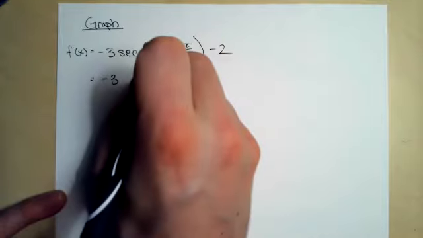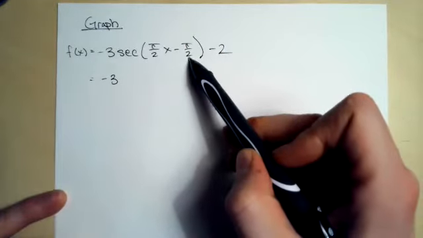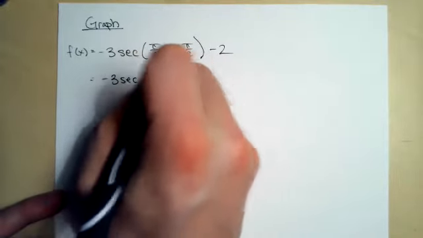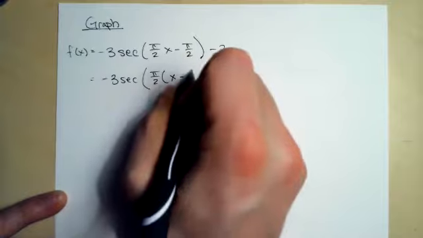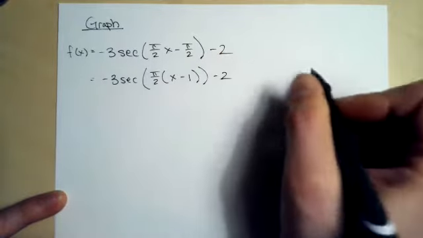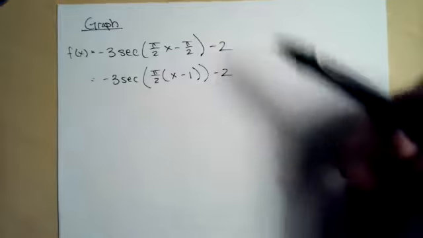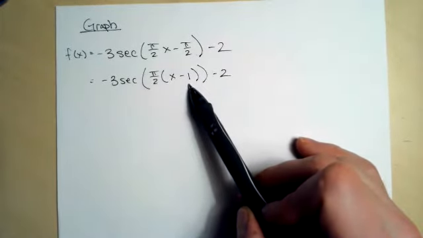whenever you have a horizontal scaling factor and a phase shift, make sure you factor that out. Because in this form, it's going to look like the phase shift is pi over 2. But really, the phase shift we're going to use is 1.